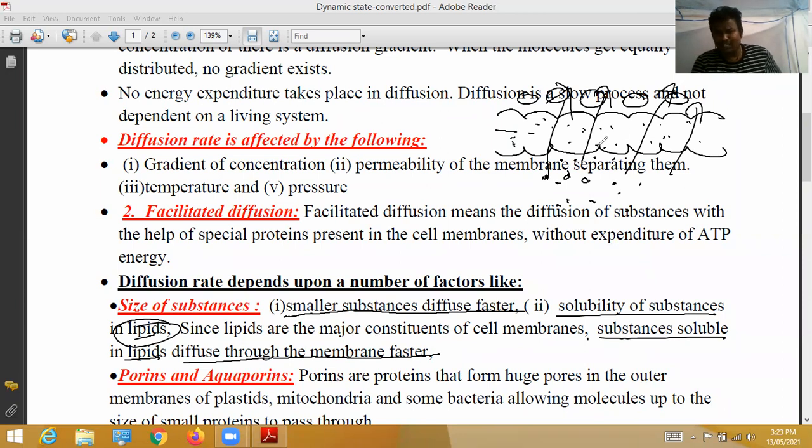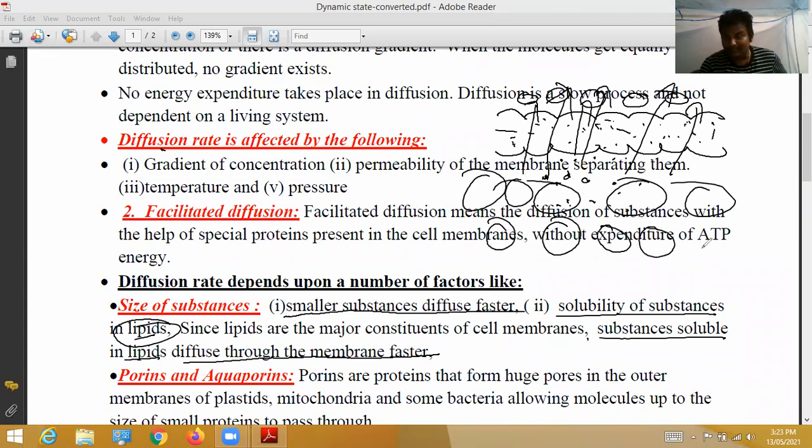If substances are dissolved in the lipids, they diffuse through the membrane faster.